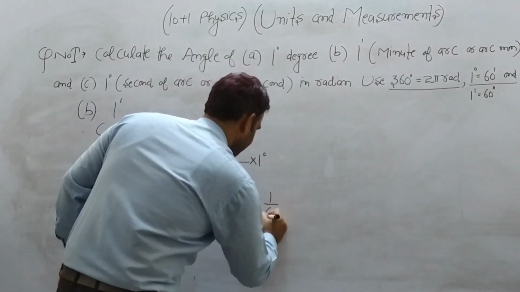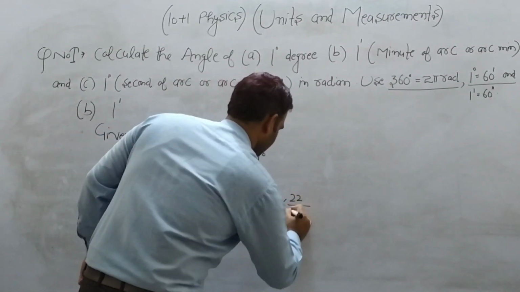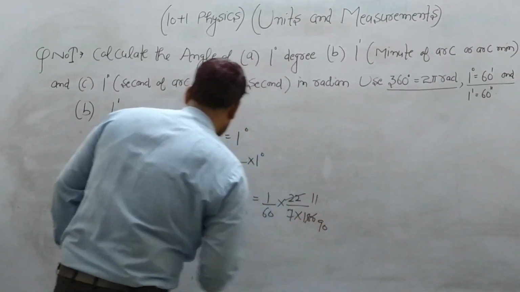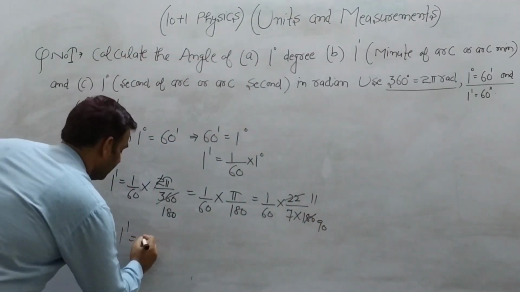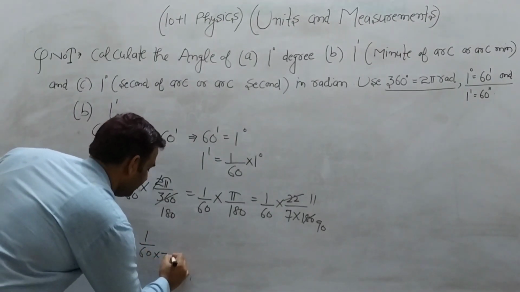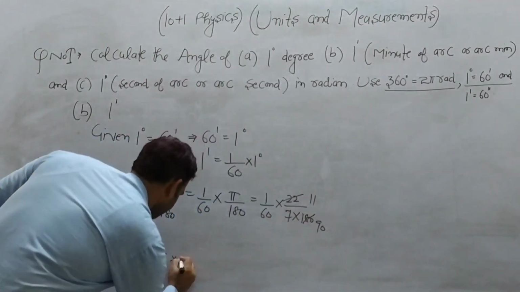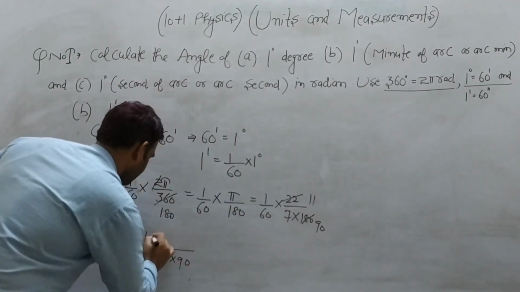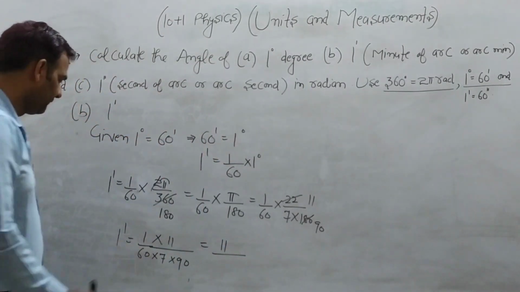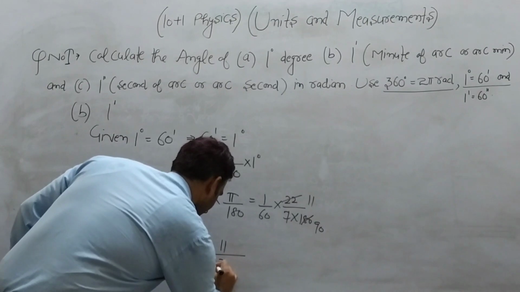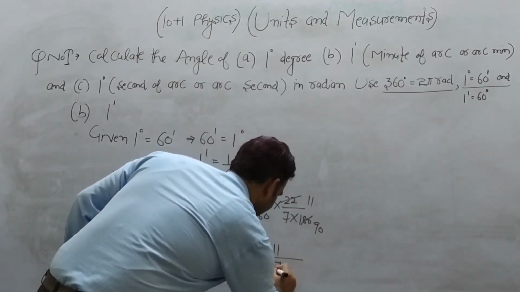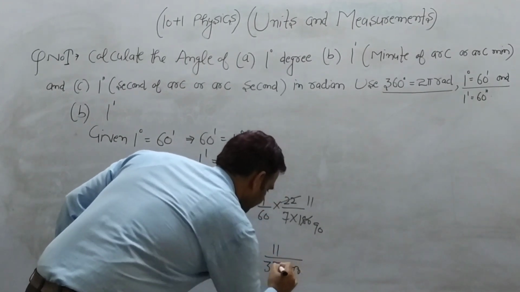After simplifying, 1 upon 60, 22 by 7 into 180 to 11, 90. 1 minute is equal to 1 upon 60 into 7 into 90 into 11. 11 upon, after simplifying, we got here 420 into 90, 11 upon 37,800.